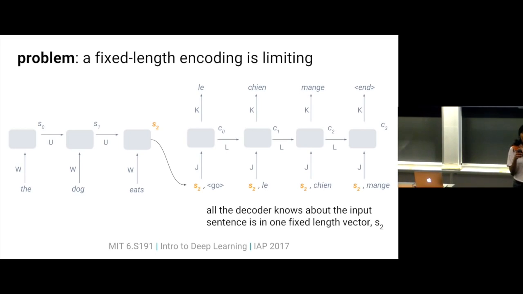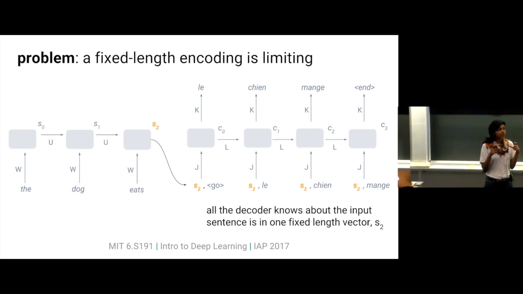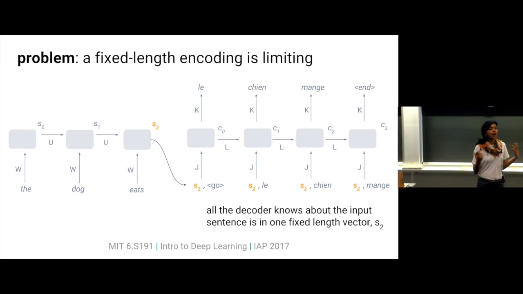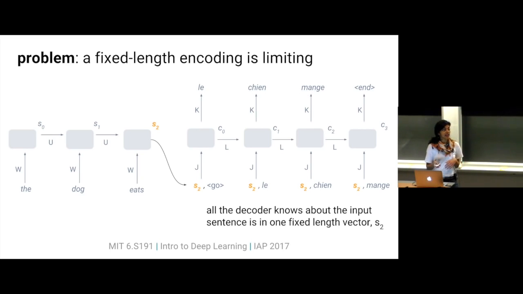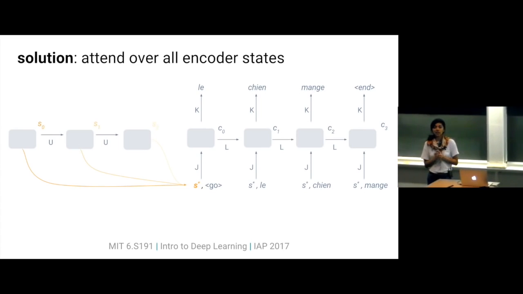Maybe it can encode that in that fixed length S2. But what if we had a much more complicated sentence or even a paragraph that we were trying to translate? It's going to be pretty hard for it to encode that in that one fixed length vector. So what's commonly done in practice is something called attention.